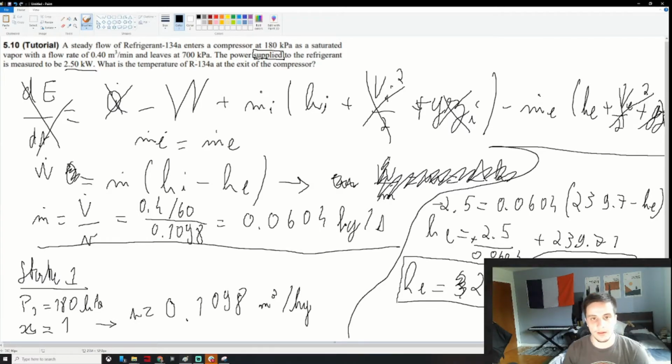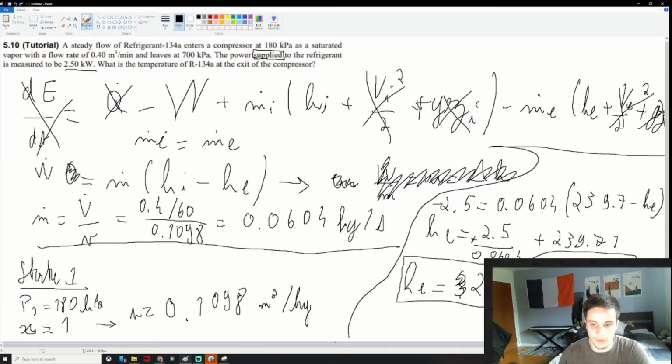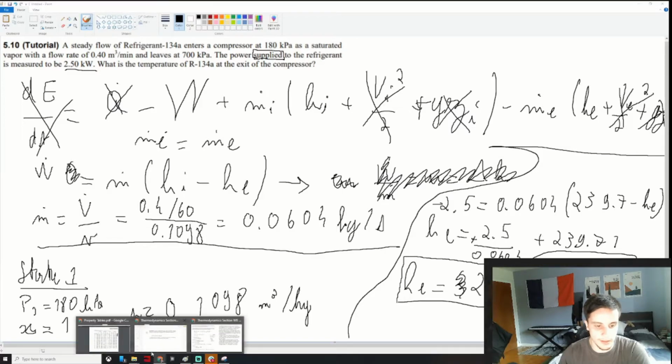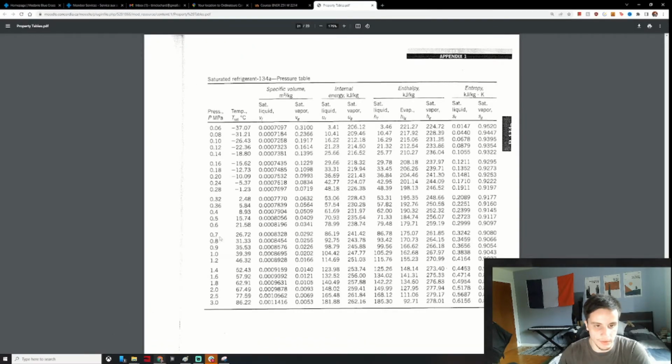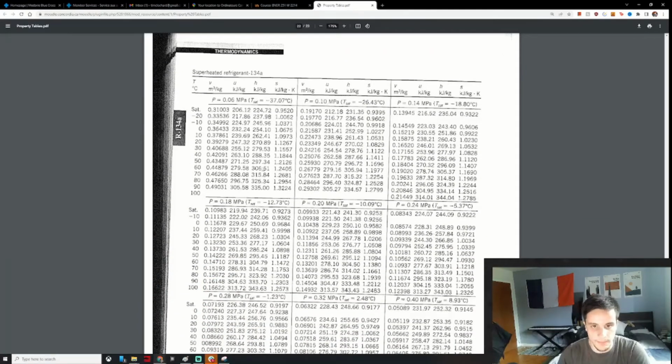So now we're going to pop into our property tables. So again, we see that it's not in the saturated refrigerant due to our equation, which we just use to verify if your specific enthalpy was equal to, here it's 0.7 megapascal, this saturated vapor, which is not, there's a difference of 20 kilojoules per kilogram. So I believe since it's more, we're going to assume that it's superheated.